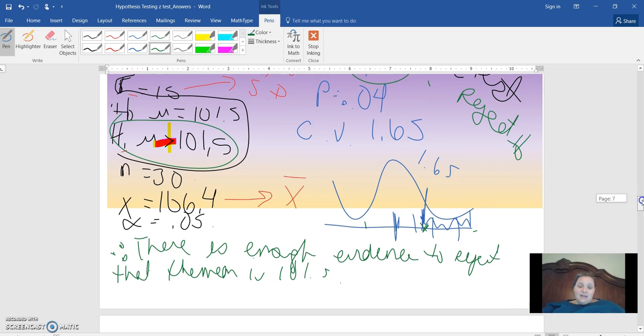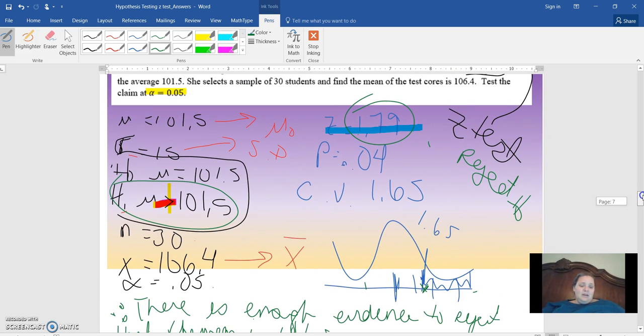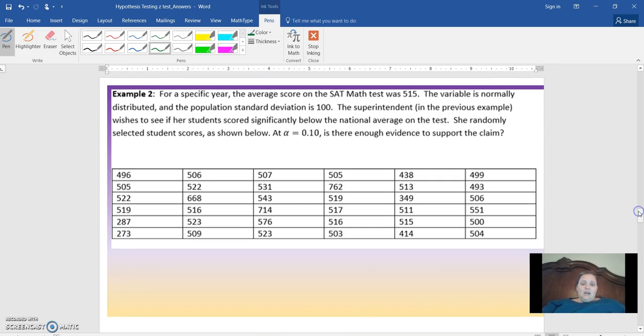All right, you could also say, by the way, therefore, that's what this means right here, therefore. You could also say, therefore, there's enough evidence to accept the fact that the mean is higher than 101.5. Right, so you could get the same information across just a different way. All right, so here we are. Whew.